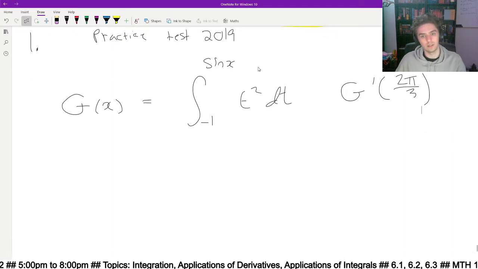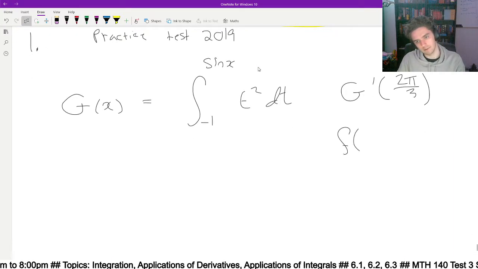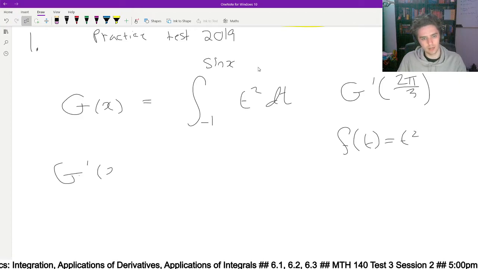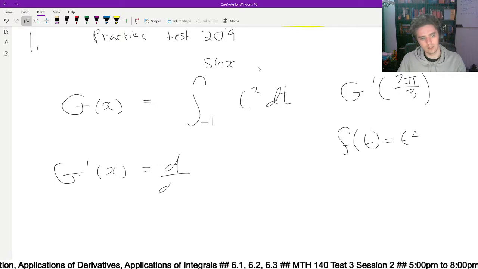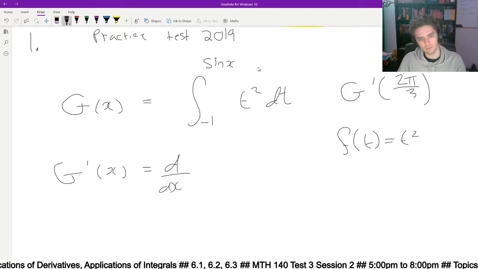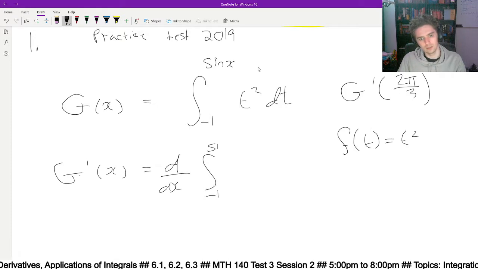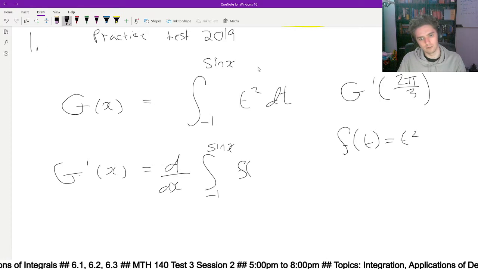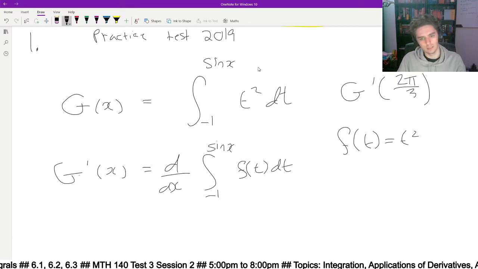So we need to find g prime, right? First of all, I'll say f of t equals t squared. So g prime of x is equal to the derivative of this integral of f of t dt.